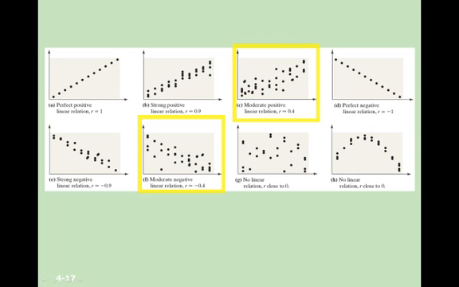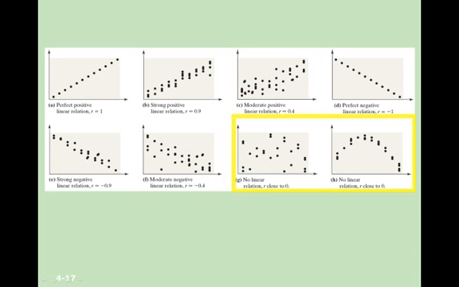The closer it is to 0, either positive or negative, the less the points are in that straight line. So notice in G and H, both of those r values are close to 0, and we have no linear relationship existing. However, notice in H, that tends to look like some sort of relationship. It's just nonlinear.